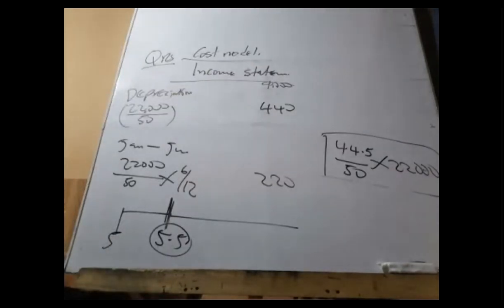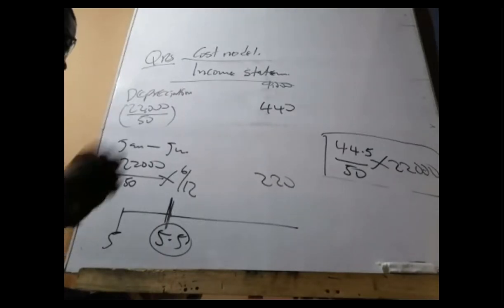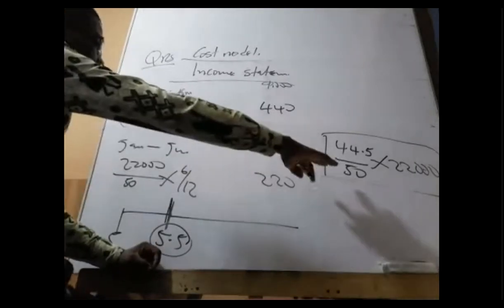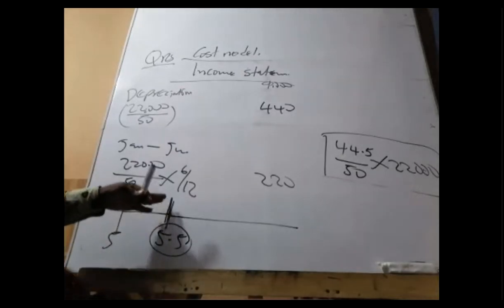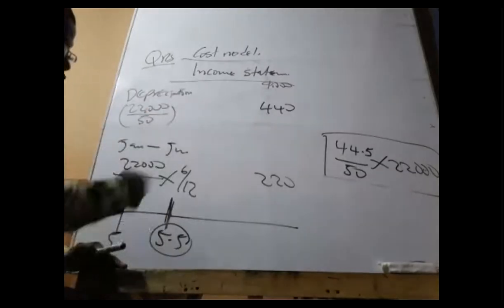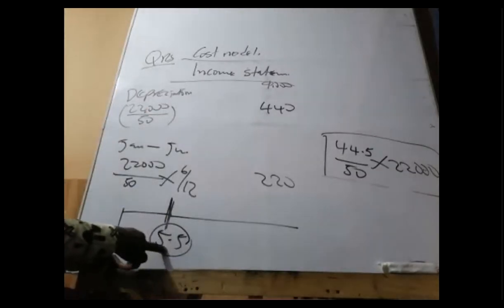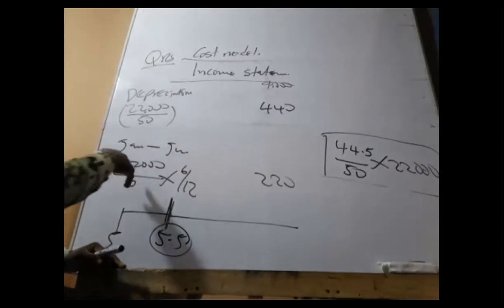In fact, to find the carrying amount, the last time we went through the shortcut approach. So can we divide 44.5 over 50 times 22,000? We just want to find the carrying amount. It's the same as finding the accumulated depreciation as at this date and subtracting it from 22,000.